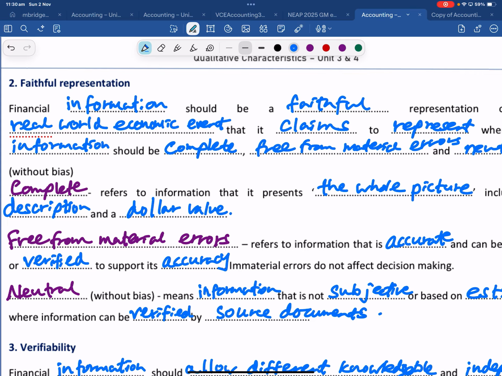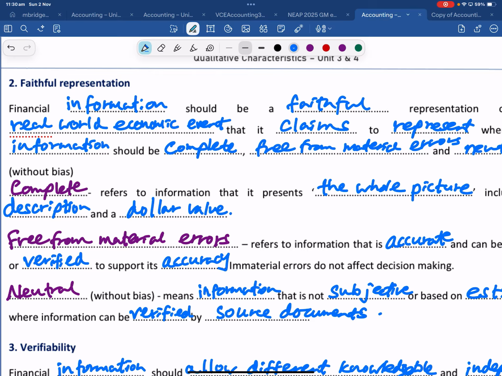Faithful representation says the financial information reported in the reports should provide a faithful representation of the real world economic events that are complete, free from material errors and neutral.